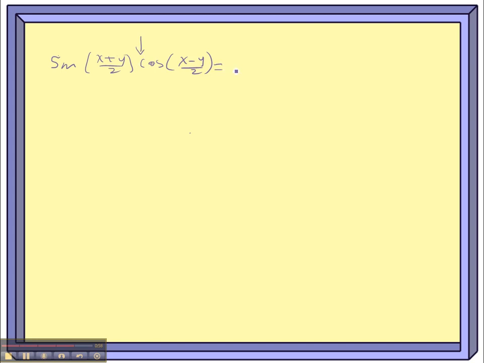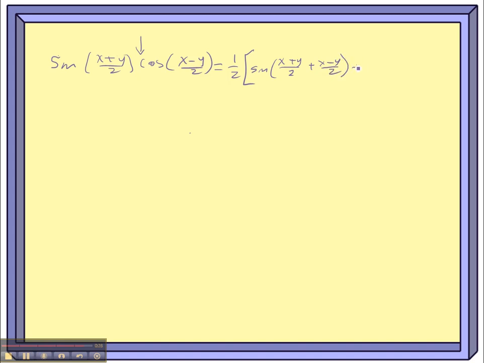So remember, that is equal to 1/2 in brackets. The sines, it's going to be two sines, and it's going to be the sum of these plus the difference of those. So inside the brackets, I've got the sine of, open parentheses, x plus y over 2, that's the first angle, plus x minus y over 2.